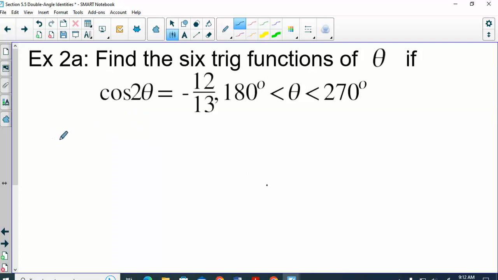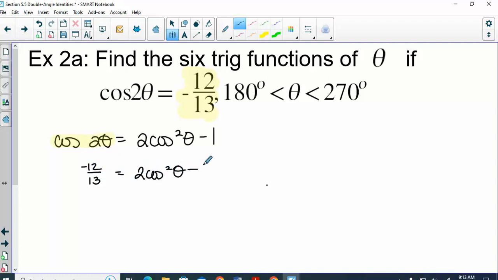So let's say I go with cosine 2 theta equals 2 cosine squared theta minus 1. Let's plug in what we know. Cosine 2 theta is negative 12 over 13. So if we solve this, we add our 1 over.